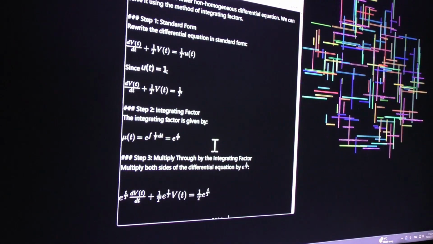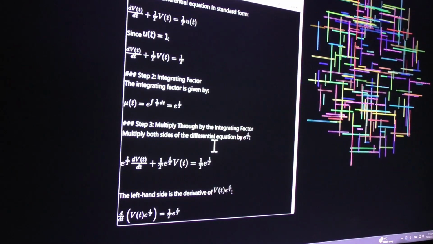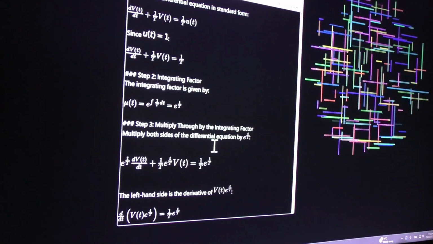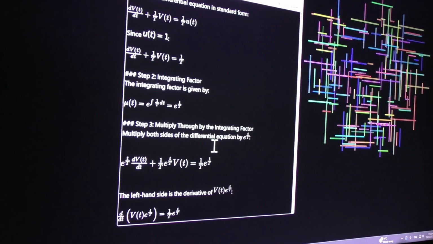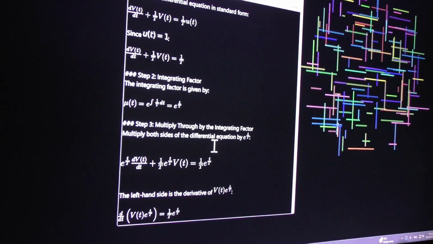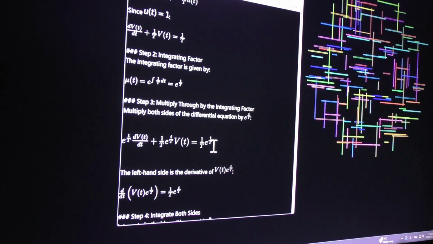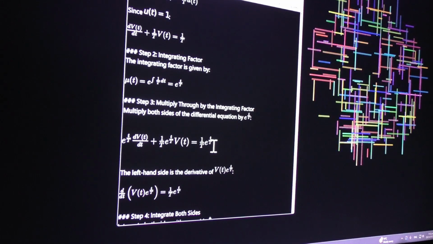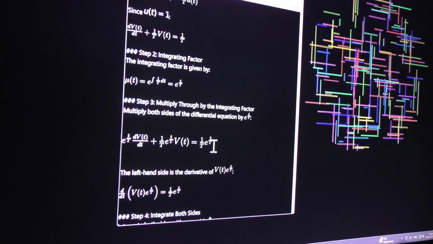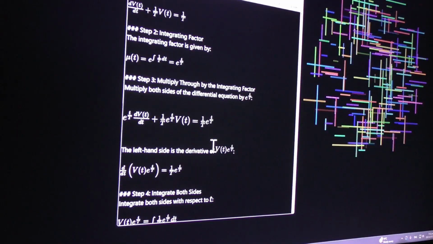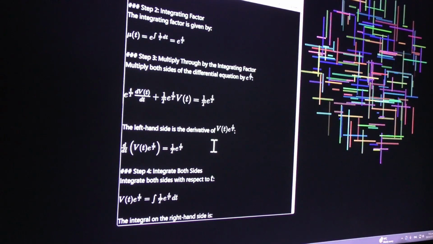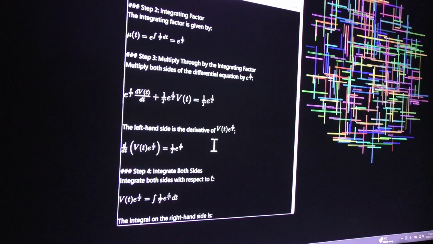Since u(t) equals 1, dv(t)/dt + (1/t) v(t) = 1/t. Step 2. Integrating factor. The integrating factor is given by mu equals e to the power of the integral of 1/t dt equals e to the power of t over t. Step 3. Multiply through by the integrating factor. Multiply both sides of the differential equation by e to the power of t over t, e to the power of t over t dv(t)/dt plus 1 Stop.